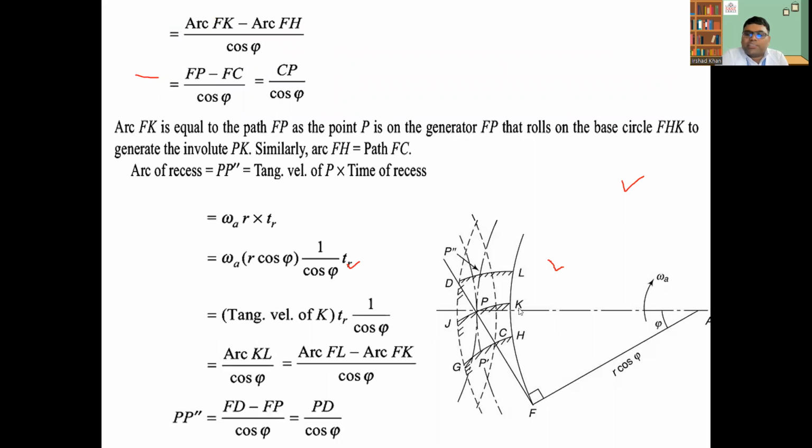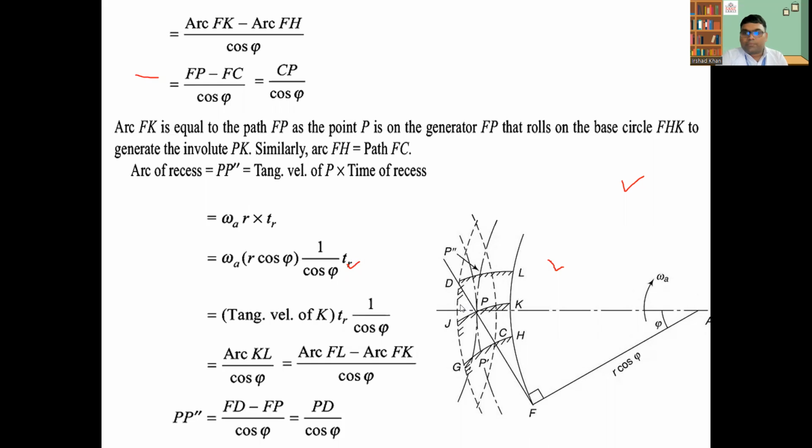So arc HK, we can write as arc FK minus arc FH. And also we can write that arc FK is equal to FP minus FC. This happens because arc FK is equal to path FP, as the point P is on the generator FP.